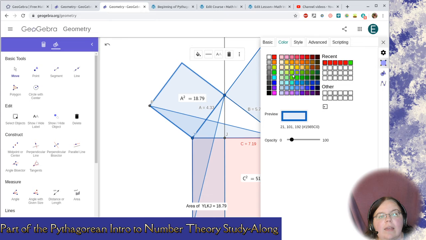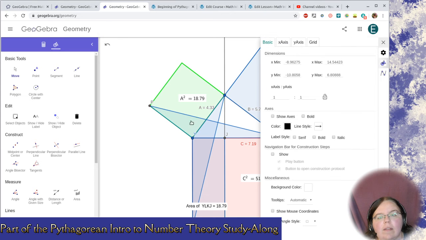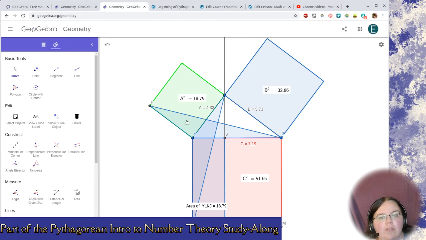I'll make that green. Okay, so we've got two sides that are the same length from one triangle to the next. If we have that the third side is the same length, we'd know this. Well, that looks tricky to compare. But on the other hand, if we have that angle's the same, we'll have that side has to be the same. So this angle here is basically this angle plus a right angle.